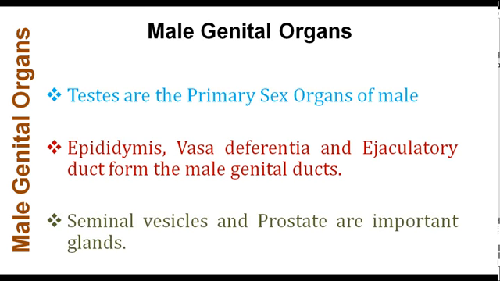And there are two important glands, seminal vesicles and prostate gland in humans. In animals like rat and rabbit, there is a coagulating gland, and in elephant, seminal vesicles are absent, but the coagulating glands are better developed.